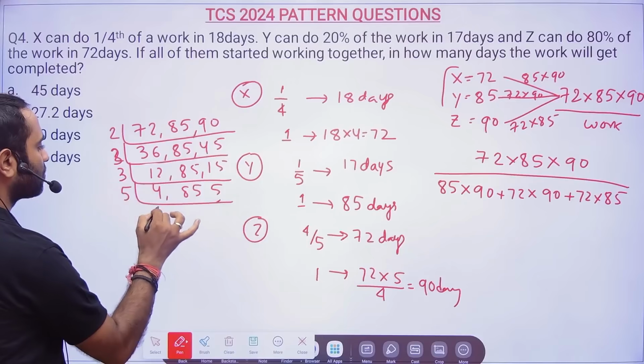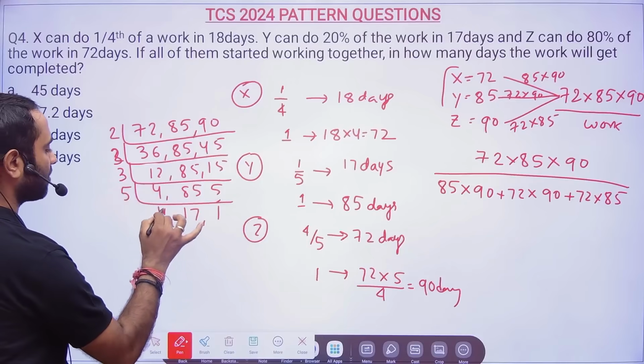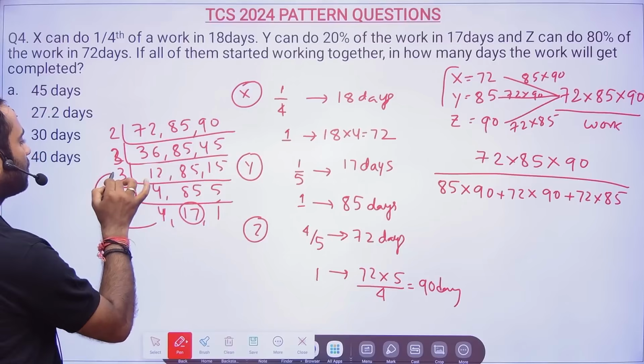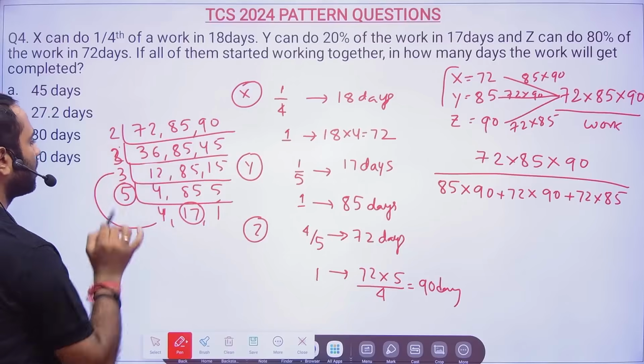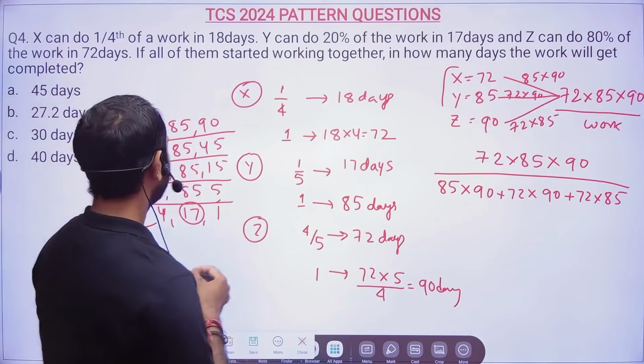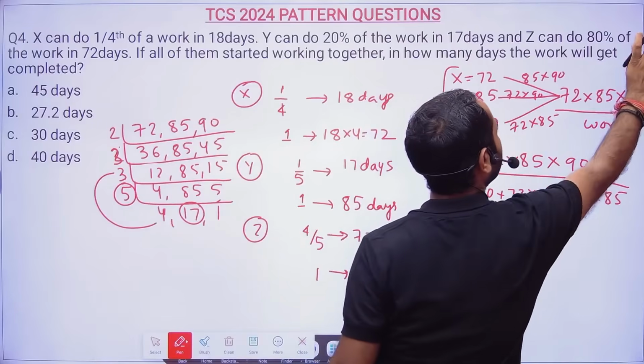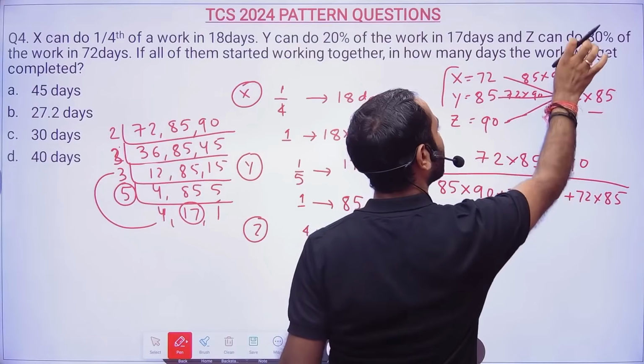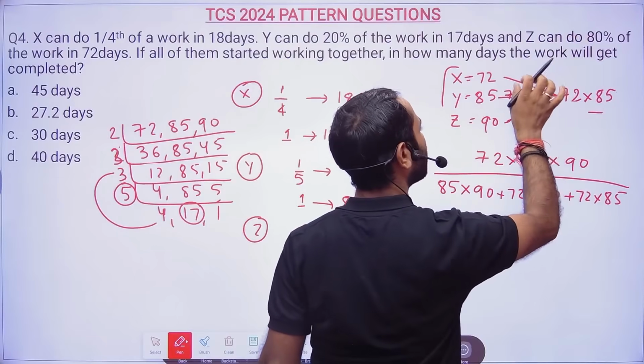Here 5, so 4 times, 17 times, and 1 time. So basically, 17 into 5 is 85, and 4 into 3 is 9, plus 9 into 2, 18. So the LCM will be 85 into 72. It will become a little easier for you to solve and understand as well.